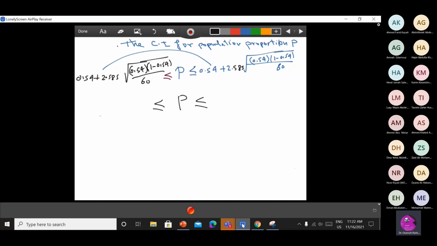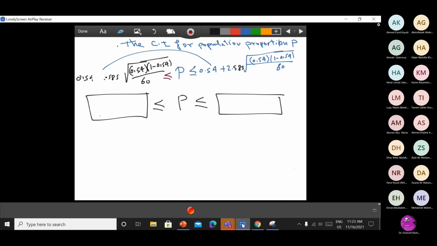So what will the proportion of the population be? It will lie between what and what? It will be close to 0.3 something.